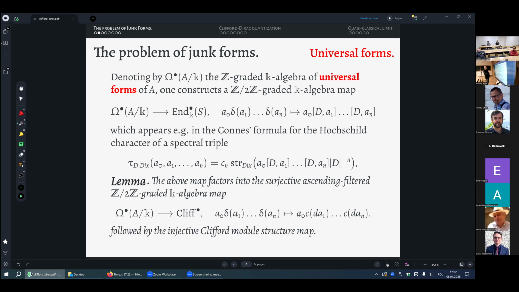So this map can be decomposed through, first, the map from the universal calculus to the Clifford algebra, by a very similar formula, where the image of every universal differential of any element of the algebra A is replaced by the operator of Clifford multiplication by the differential of this element of this algebra.